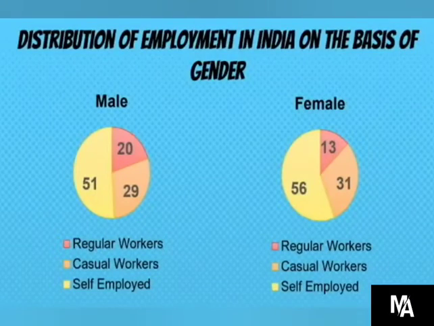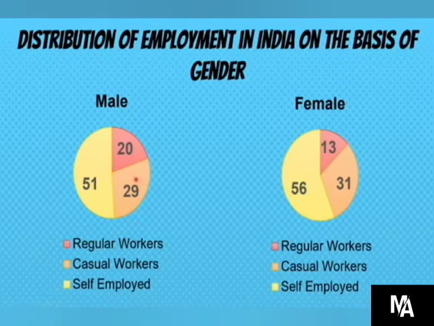Moving forward, we will try to understand certain statistics in the Indian economy based on distribution of employment. And the first one is distribution of employment in India on the basis of gender, that is male and female. As you can see in the pie chart, we have 51% of males in India who are self-employed.